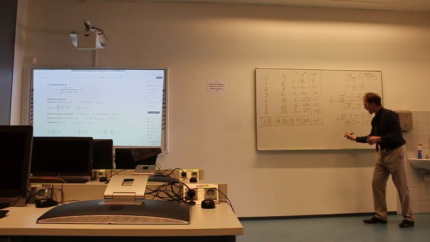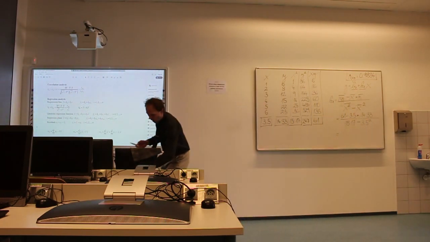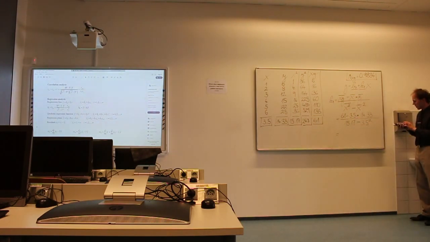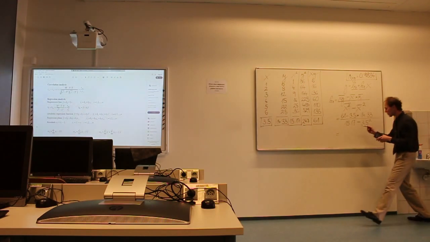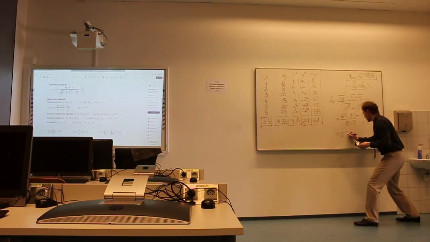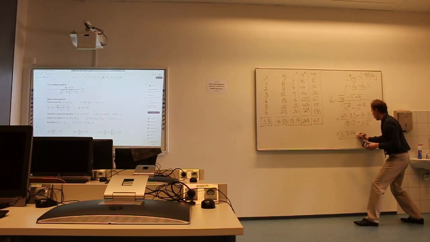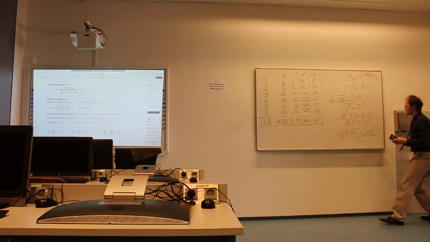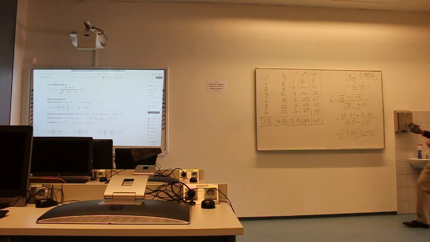And the result is the slope of the regression line. So numerator 61 minus 3.5 times 14.33 divided by denominator 15.17 minus 3.5 squared equals 3.714. So this is the slope of the regression line.